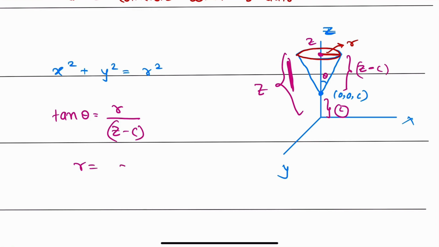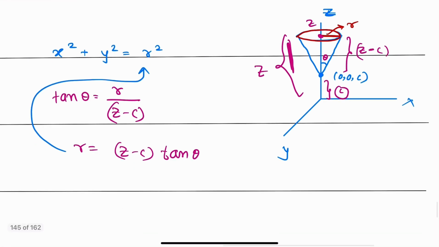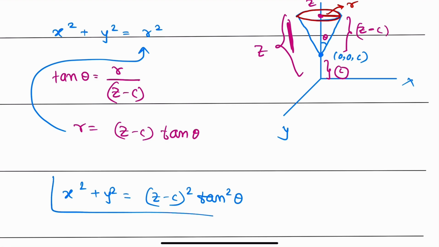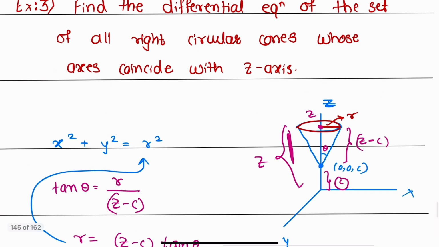So R will be equal to Z minus C tan theta. If I substitute R here, I get x square plus y square equals Z minus C whole square tan square theta. Okay. This is the equation of a right circular cone whose axis coincides with the Z axis.